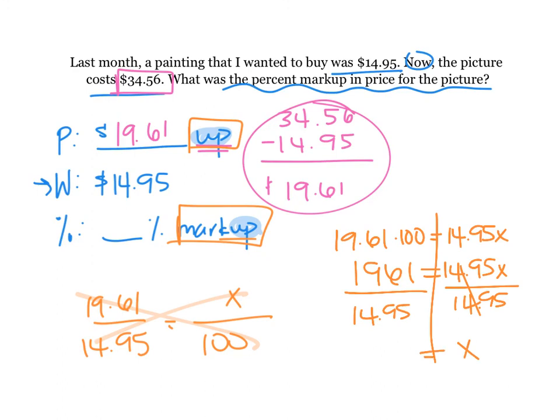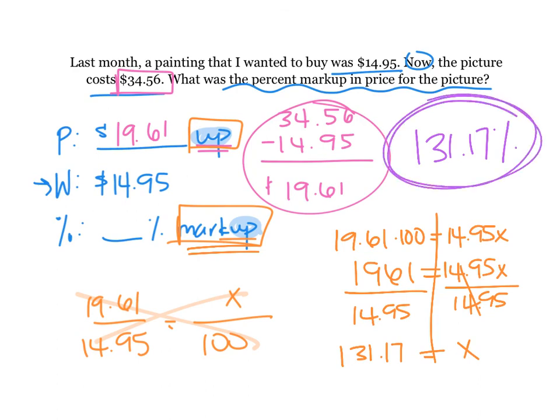And x equals 131.17. So that is our percent markup. It was marked up 131.17% in price. And why it's bigger than 100, we might ask, is because if we look at the part and the whole, part versus whole, the part was more than the whole. So we know it has to be more than 100% for sure. And then it's an additional 30% on top of that doubling in price.